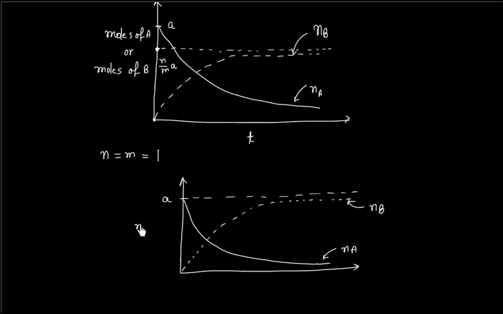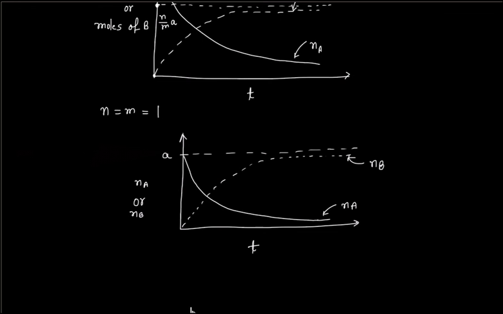On this axis we have moles of A or moles of B. On the x-axis we have time. At this point, both concentrations are equal, that is moles of A is equals to moles of B. We can also find the corresponding time by equating the two equations, moles of A equals moles of B. In that case we can find the time.